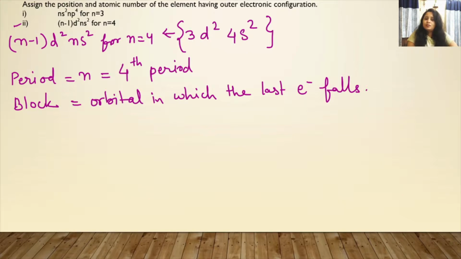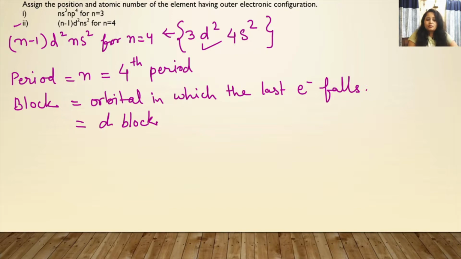As we know, the 4s orbital is lower in energy than the 3d orbital, or in other words the 3d orbital is a higher energy level than the 4s. So first the electron will fill in the 4s orbital. After that, the rest of the electrons will go to the 3d orbital. That is, the last electron will go to the d orbital. That's why our block will be the d block. The element belongs to d block.